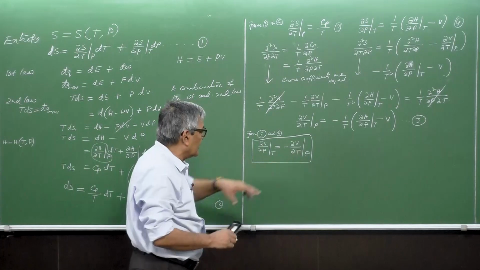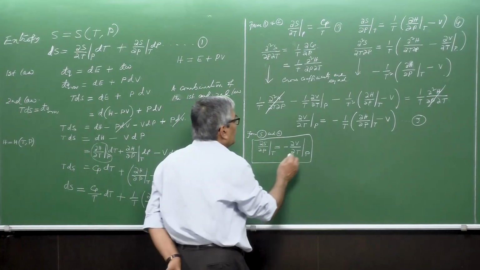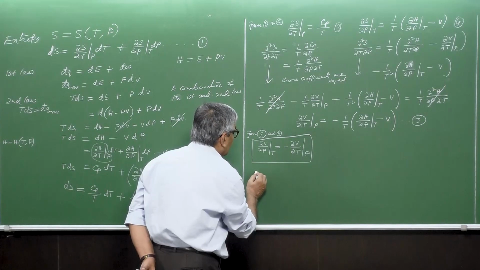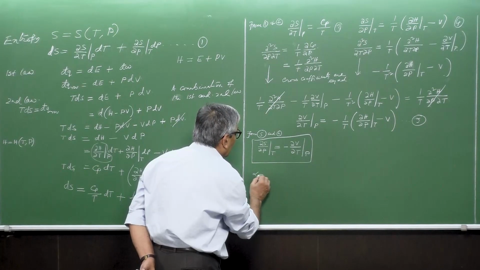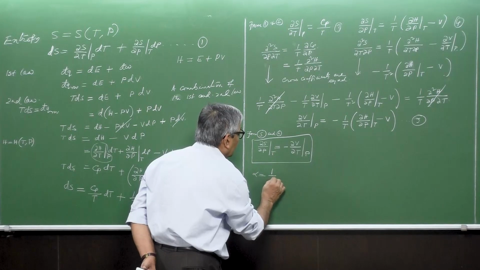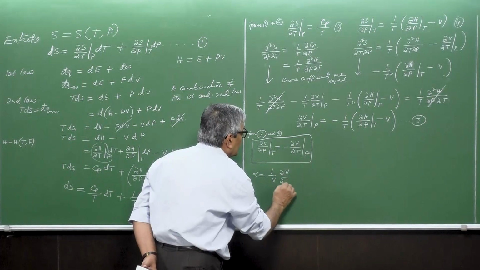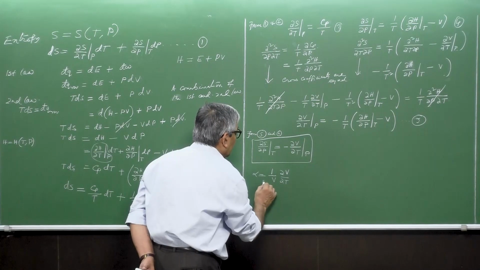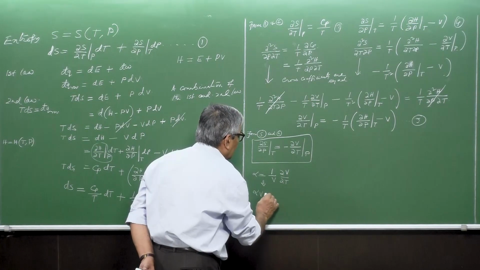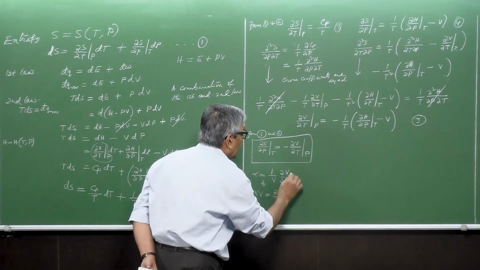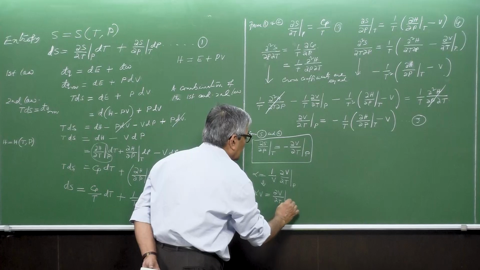It is a very simple relation. From my definition, the coefficient of thermal expansion alpha, if you define it as 1/V times ∂V/∂T, then this gives me alpha times V as ∂V/∂T at constant pressure.